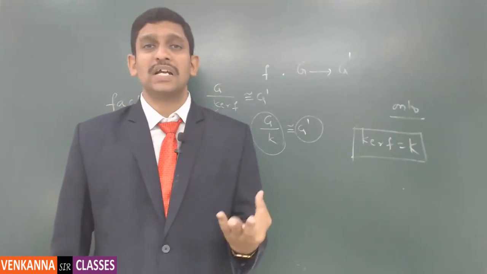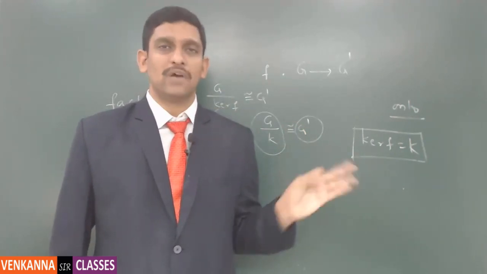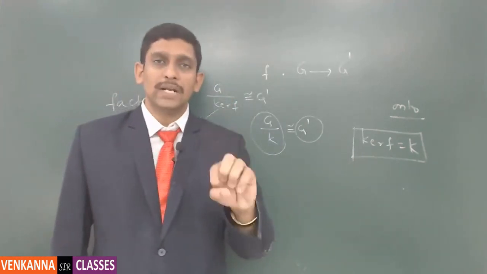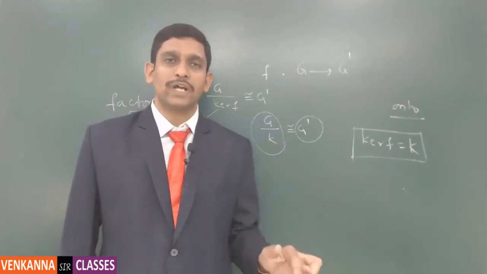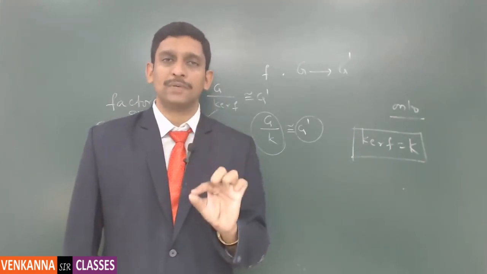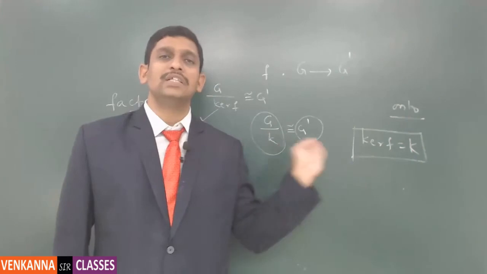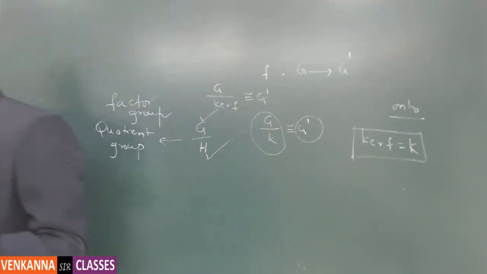If the function satisfies these three criteria, then it is an isomorphism. So all we need to do is build a function between the two sets and prove that it has the three properties: 1-1, onto and homomorphism. Hence it becomes an isomorphism, so these two groups become isomorphic. Clear for everyone?